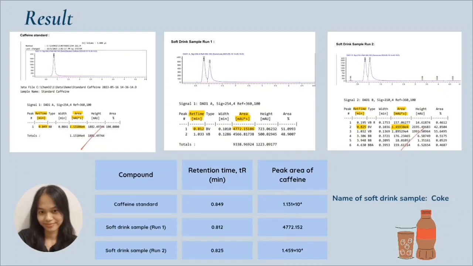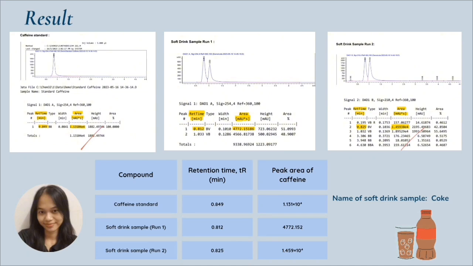This is the result that we have obtained from this experiment. The retention time for the caffeine standard is 0.849 minutes and the peak area of caffeine is 1.131 times 10 to the power of 4. Next, for the soft drink sample run 1, the retention time is 0.812 and its peak area of caffeine is 4772.152.